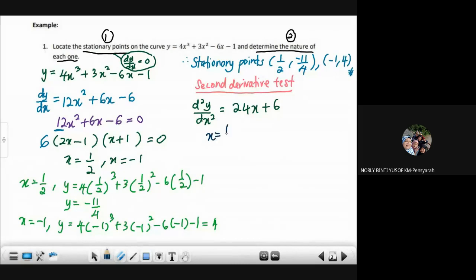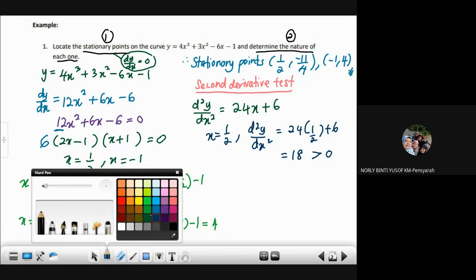So x half, second derivative, masukkan 24 half plus 6. So you will got 18. So once you got 18, you buat simbol. What you did in the lecture, in the tutor, kena samalah dalam you punya assignment. So got 18, buat tanda greater than 0.